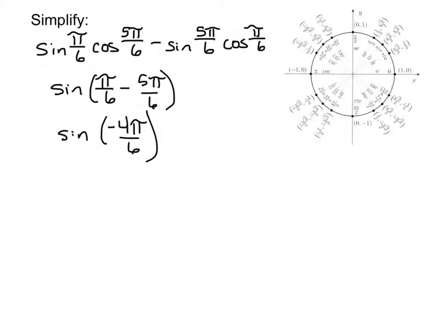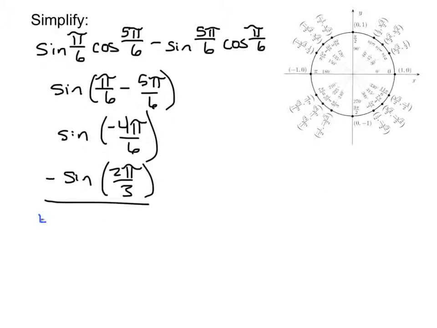Okay, now since our goal is to keep simplifying, whenever we look at our even and odd or negative identities, the sine of a negative angle is the same thing as negative sine of that angle. And then I can reduce 4 pi over 6 to 2 pi over 3. Okay, so this is the simplified version.